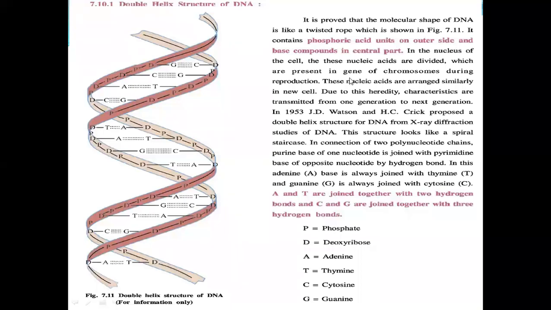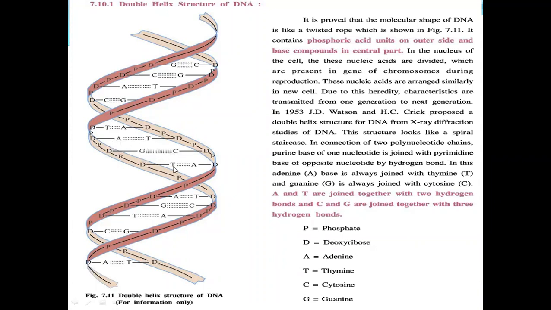So here you can see the double helix structure of DNA, that is deoxyribonucleic acid, which shows the replicate of the spiral of the DNA structure. P stands for phosphate, D deoxyribose, A adenine, T thymine, C cytosine, and G guanine. See the linkage between AT is a double bond, CG is a triple bond.